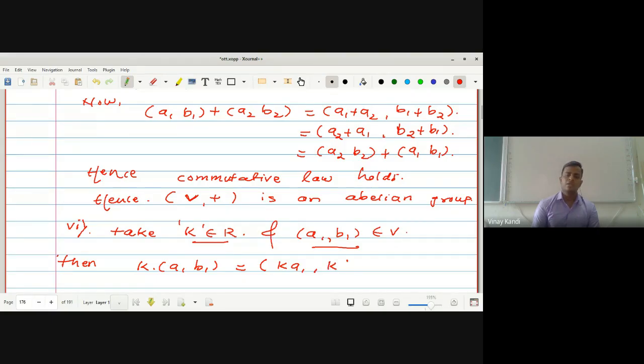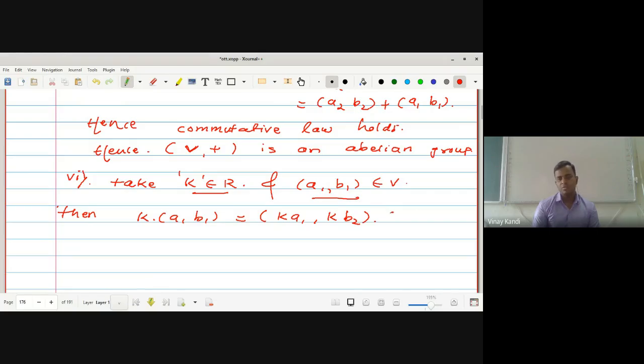This is an element from the set V. Why? Because a1, b1 and the element k are all elements of the field of real numbers.